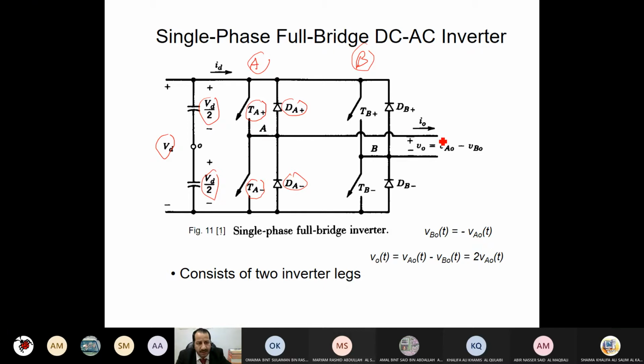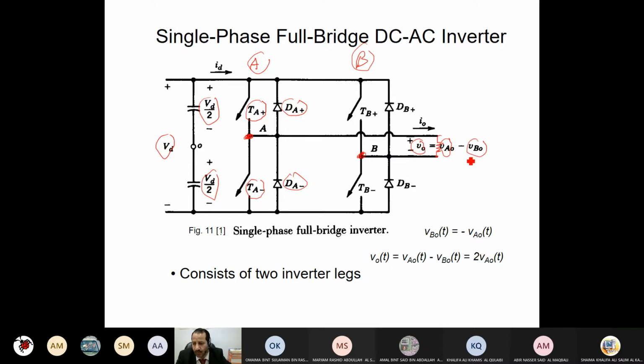The load is connected to the middle of leg A and the middle of leg B, and the output voltage is the difference between the voltage across leg A and the voltage across leg B.